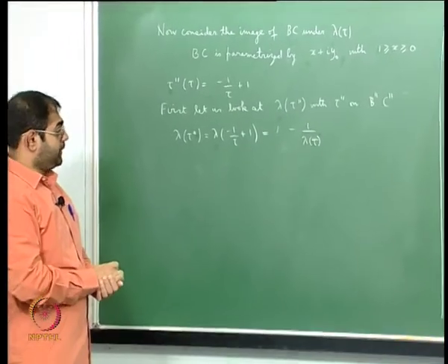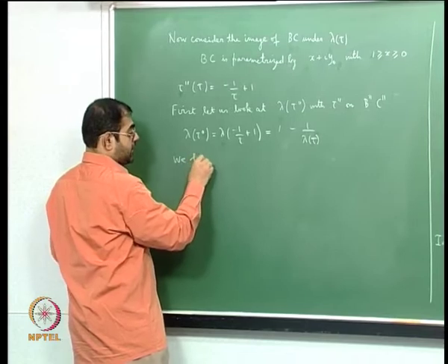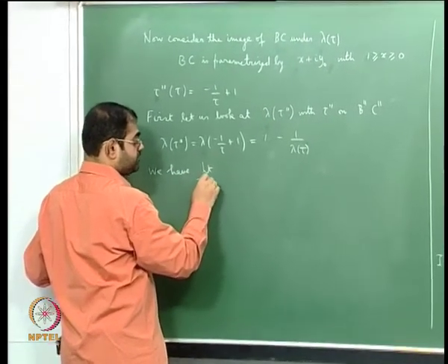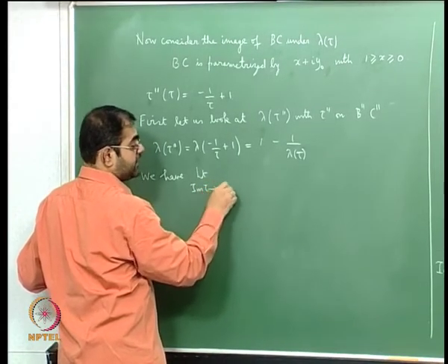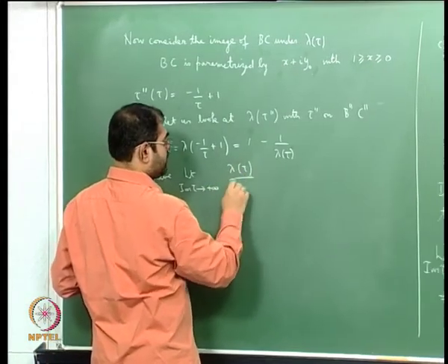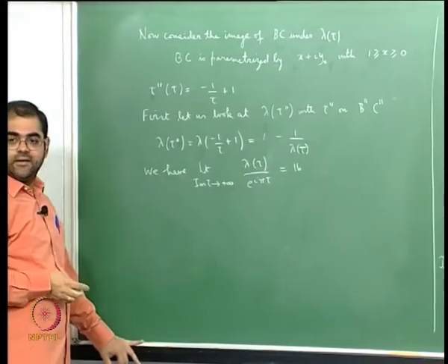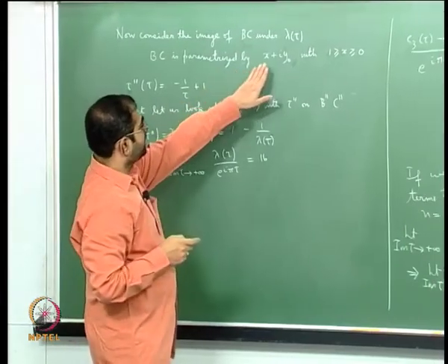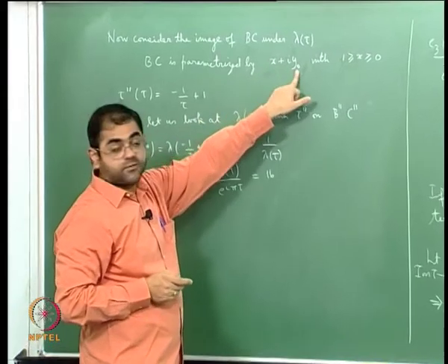Now you see, we have the limit, as imaginary part of tau tends to plus infinity, of lambda of tau by e power I pi tau is equal to 16. But our tau is x plus I y naught and imaginary part of tau is y naught.